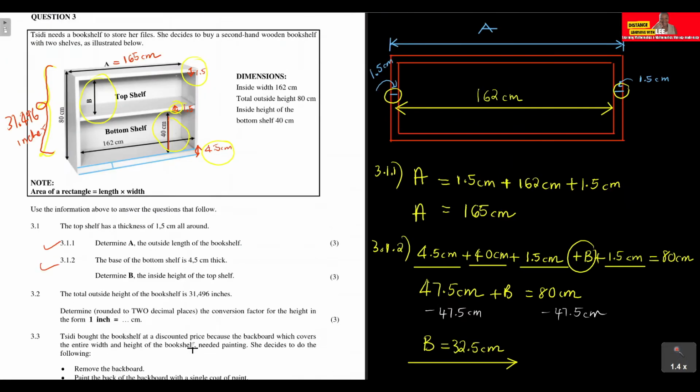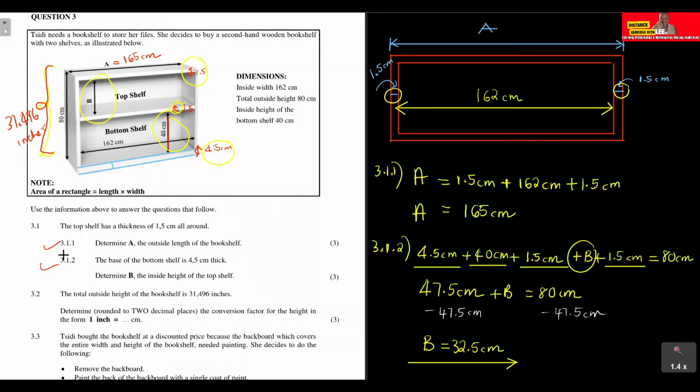We're going to use what we know as our starting point. We already know that the 80 centimeters height is the same as 31.496 inches, because 31.496 inches represents the outside height in inches. So these values are basically the same.